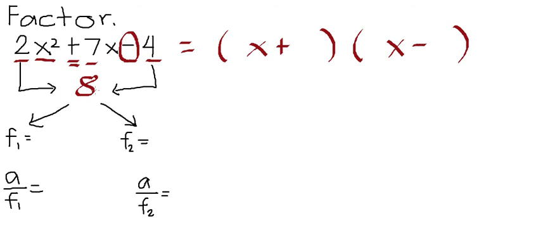So, anong factors daw ng 8 na kapag pinag-minus mo, ang sagot ay 7? Correct. 8 and 1. Because 8 times 1 equals 8 and 8 minus 1 equals 7.